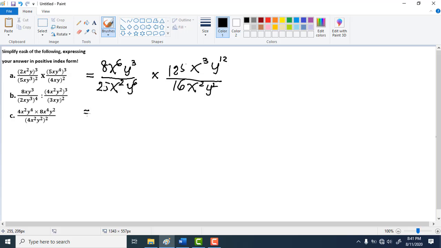The next step, you can simplify the division into a subtraction.